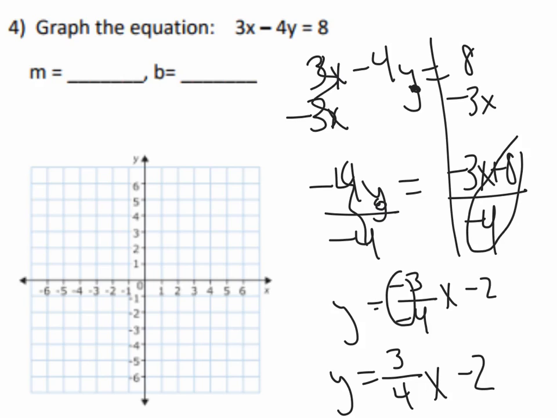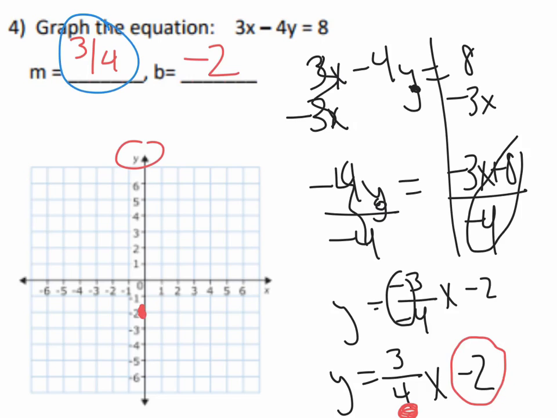So now the slope is the number with x, which in this case is positive 3/4. The y-intercept is whatever you add or subtract from it, which in this case is negative 2. So once again, you start with the y-intercept. So this is your y-axis. So your y-intercept is negative 2. So go to negative 2 on your y-axis. Then we're going to do our slope, which is positive 3/4.